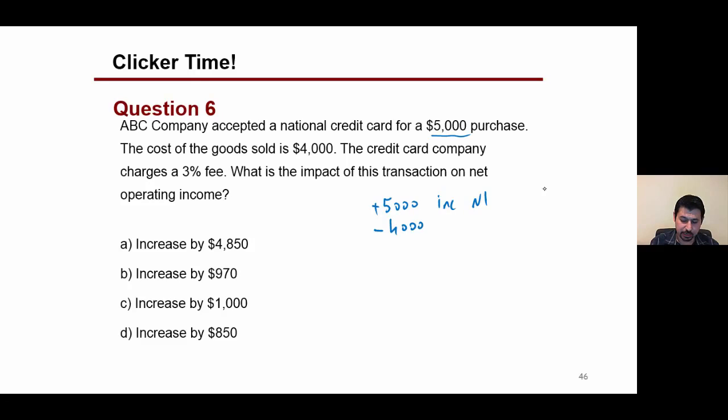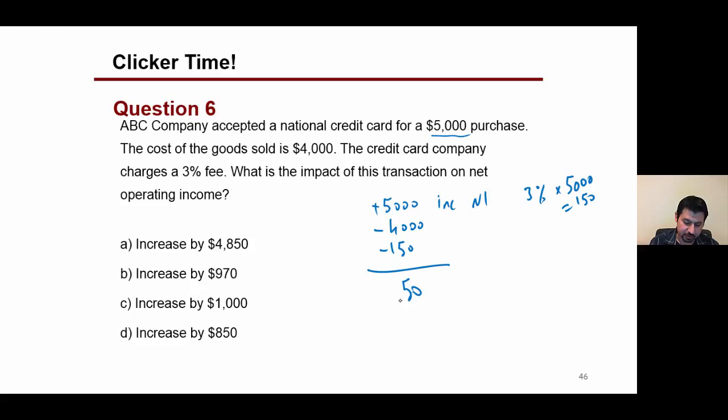And here again, 3% multiplied by 5,000 is 150. So there's also a decrease of 150 to net income. Remember that what affects net income will be revenues and expenses. So as a result, the overall change in operating income will be 850, and that would be 5,000 minus 4,000 minus 150.